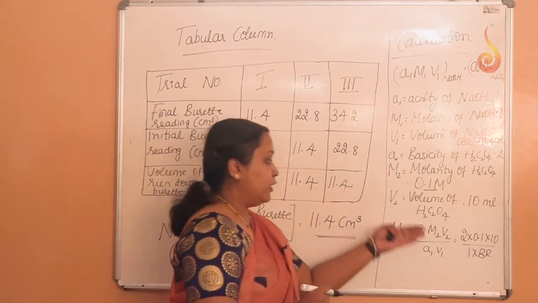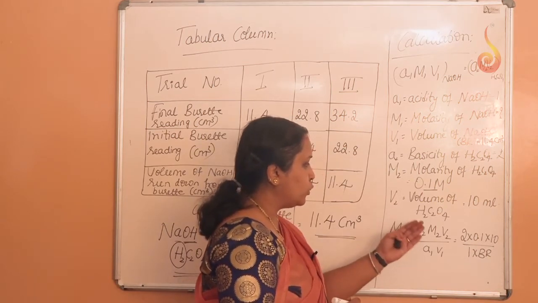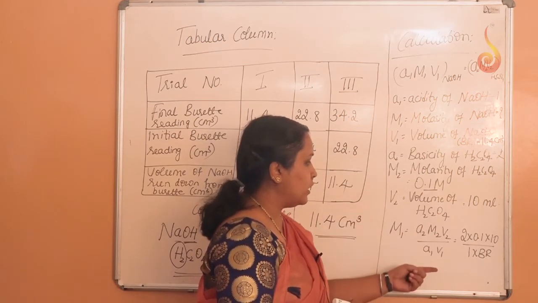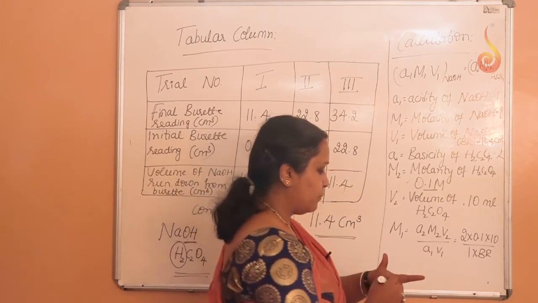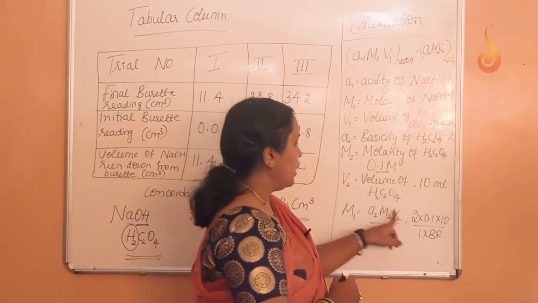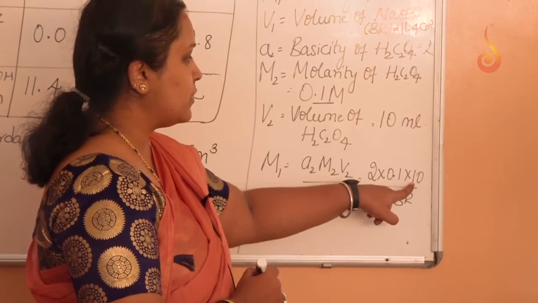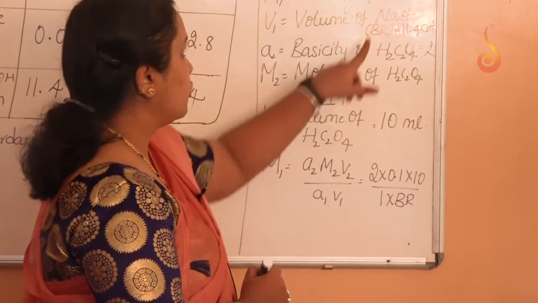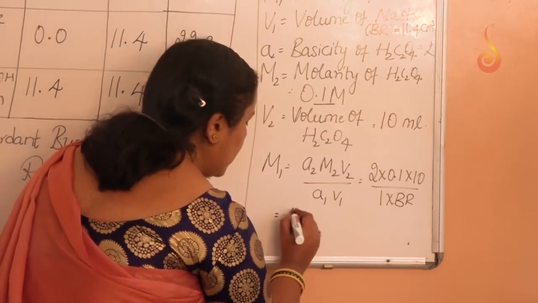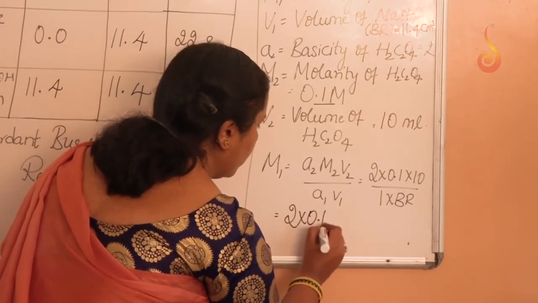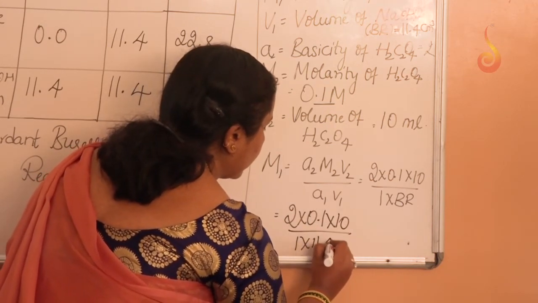Now, we know these things, we have to calculate M1. So, M1 will be equal to A2 M2 V2 of oxalic acid divided by A1 V1 of sodium hydroxide. A2 of oxalic acid is 2, M2 of oxalic acid is 0.1, V2 of oxalic acid is 10, divided by A1 of sodium hydroxide, which is 1, and V1, the burette reading, that I will be substituting over here. 2 into 0.1 into 10 divided by 1 into 11.4.